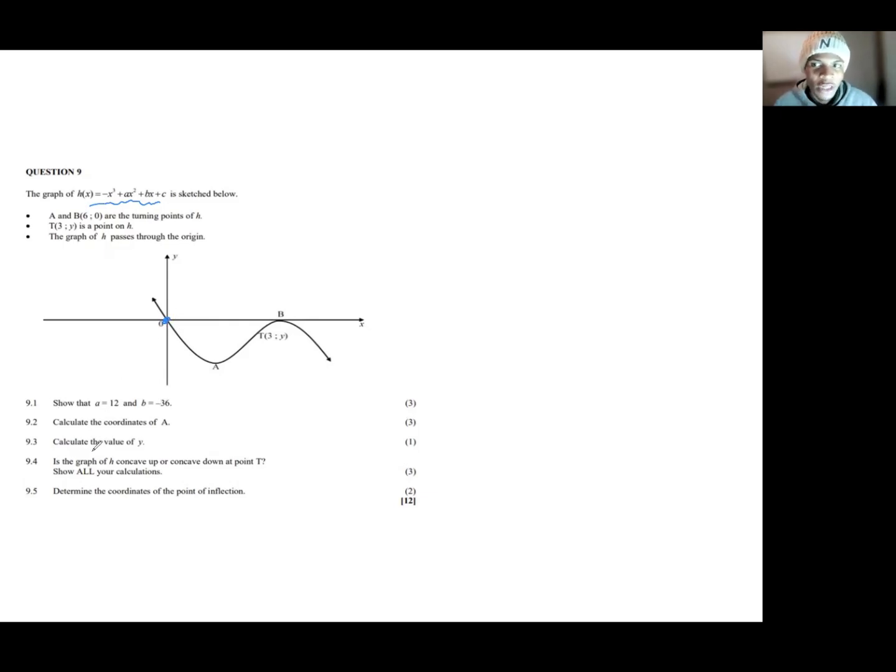Now it says, show that a is equal to 12 and b is equal to negative 36, and we are only given 3 marks for that. So we must come up with a smart way in which we can answer this for only 3 marks. If you have a look at the form of the equation we are given, we can see that they try to play tricks on us, because we normally know that a cubic function would be in this format: ax cubed plus bx squared plus cx plus d.